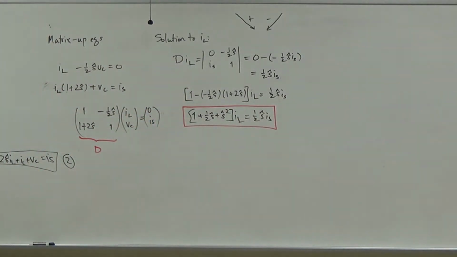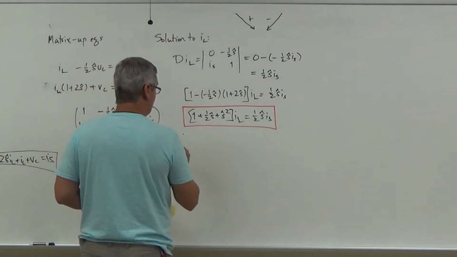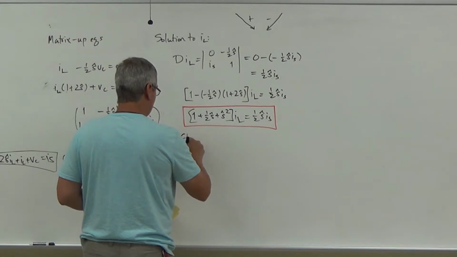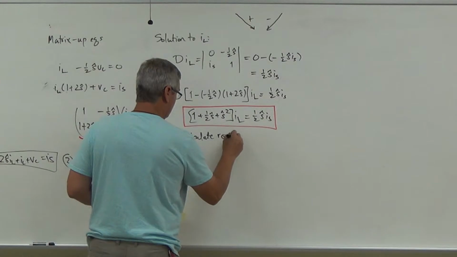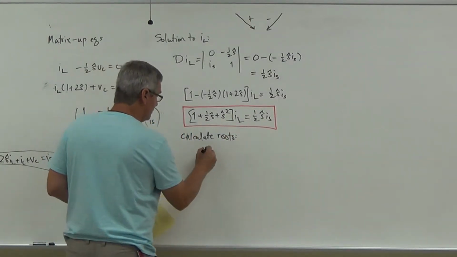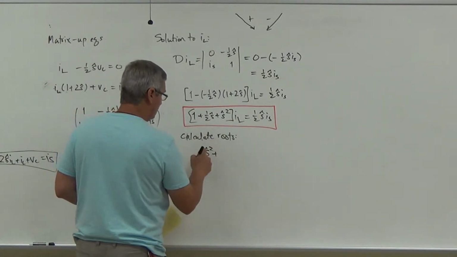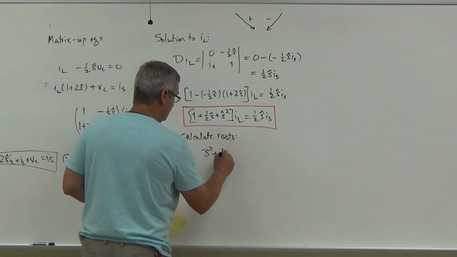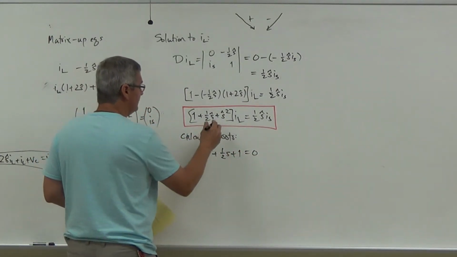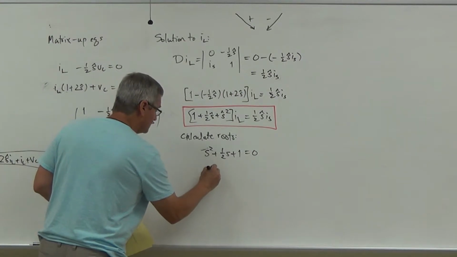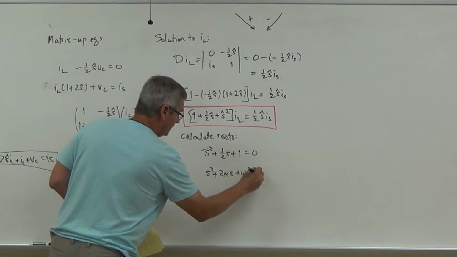So what am I going to do? I'm going to go get the roots. Okay, so my roots go like this. So this equation gives me, whereas my other equation, it should be s squared plus 2 alpha s plus omega naught squared equal to 0.